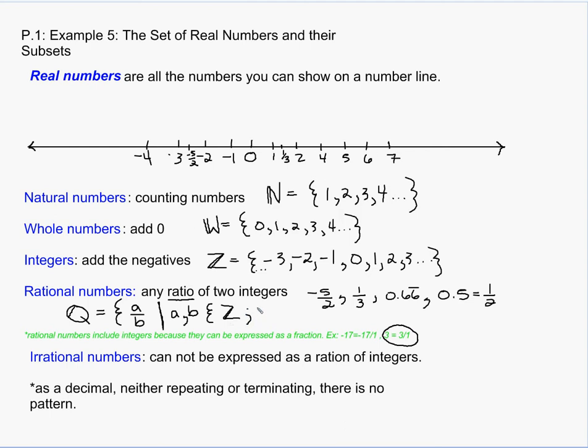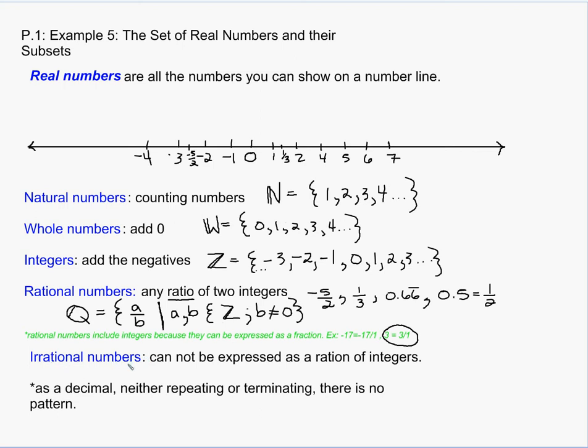And you also have to remember that B cannot equal 0 because you can't divide by 0. So when I write a subset for my rational numbers, I have to do a little bit more symbology in order to show what I mean, that rational numbers are ratios of two integers. They're a fraction where the numerator and the denominator are integers. So these rational numbers include your fractions and your decimals.